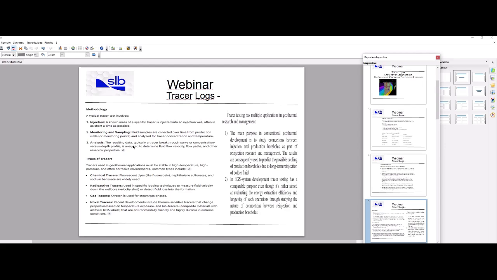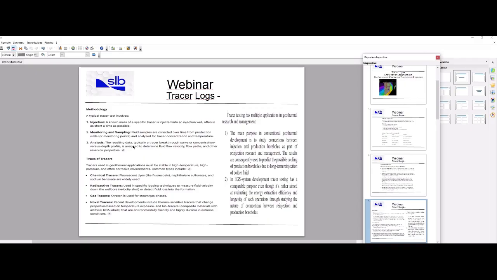Gas tracers like krypton are used for the steam gas phase. The novel tracers recently developed include thermosensitive tracers that change property based on temperature, and bio tracers like composite materials that can be used like a new type of casing.